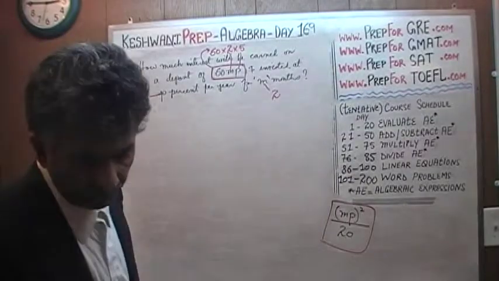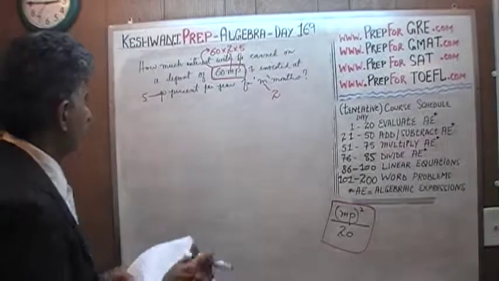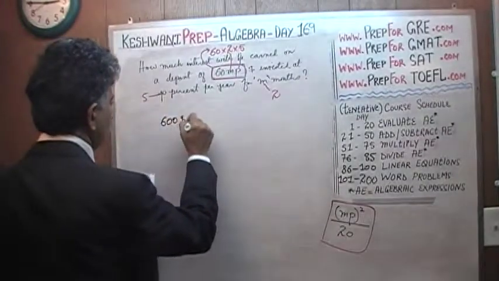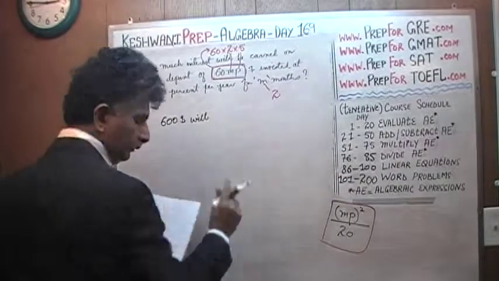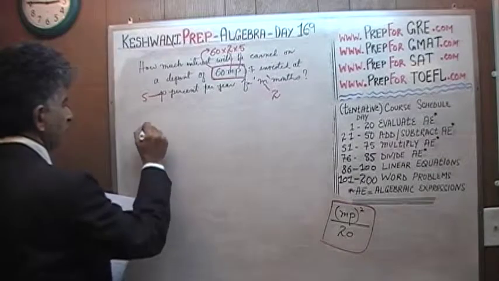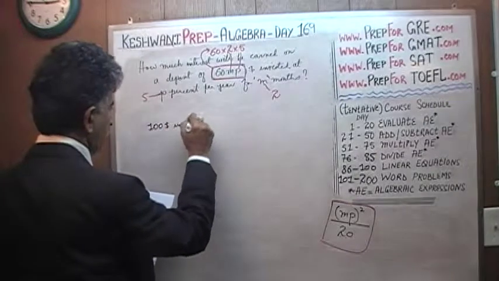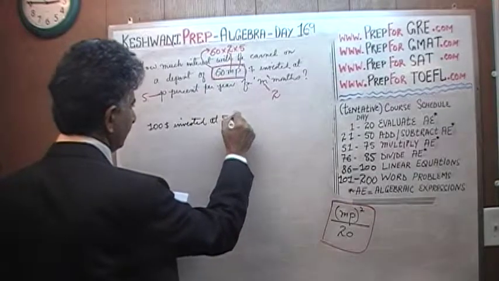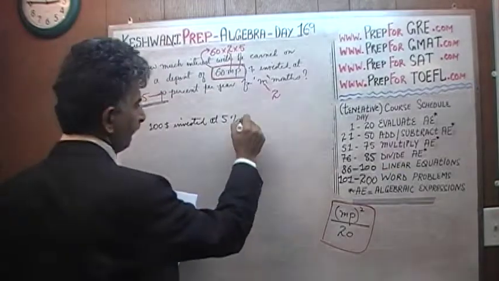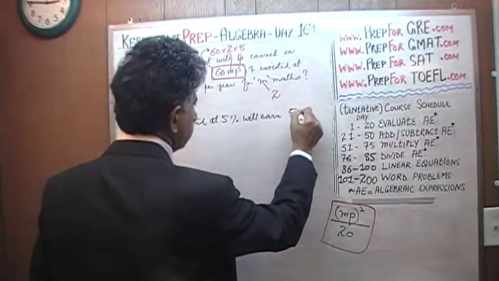That's a very straightforward problem now. $600 will earn, well, instead of starting out with 600, let's start with 100. $100 invested at 5%, because the P is 5 right here, will earn $5.